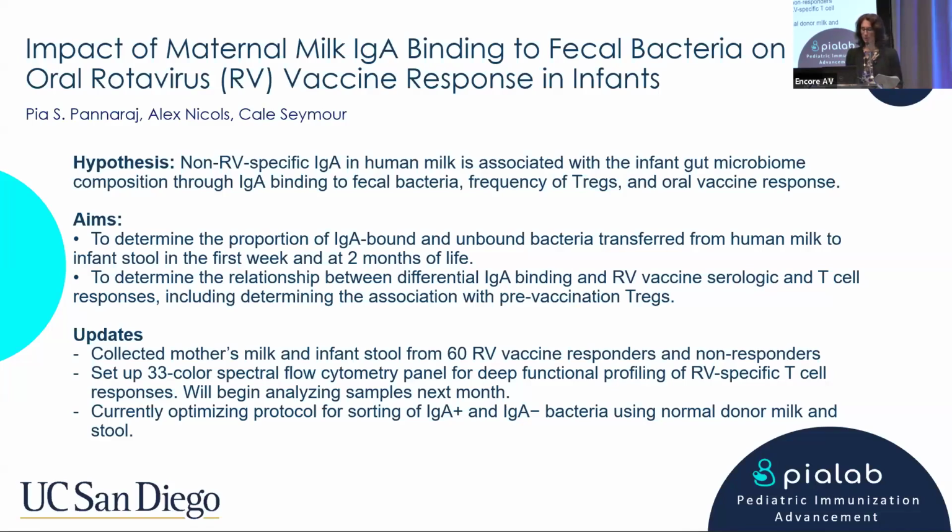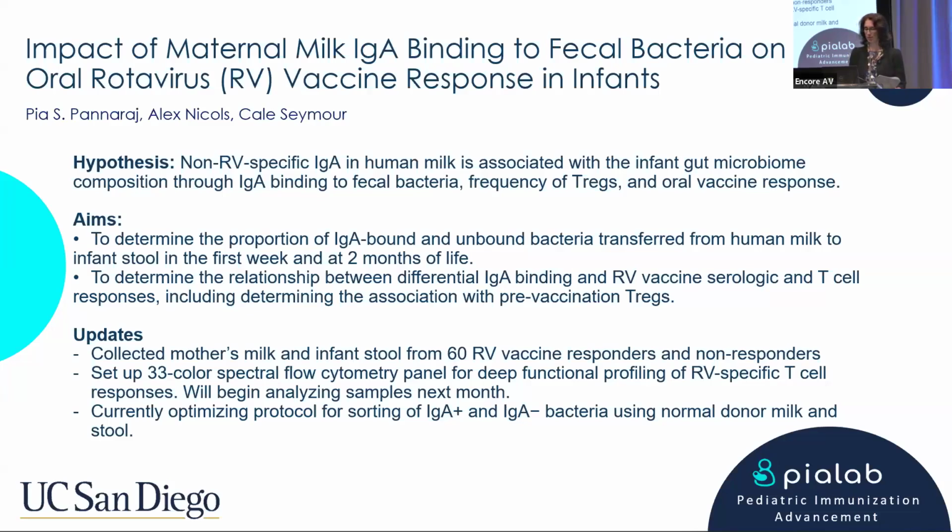Her aims were to determine the proportion of IgA bound and unbound bacteria transferred from human milk to infant stool, as well as to determine the relationship between differential IgA binding and the rotavirus vaccine serologic and T-cell responses. Currently, this is just at the beginning stages, and I'm hoping that she can join us next year and give some updates.